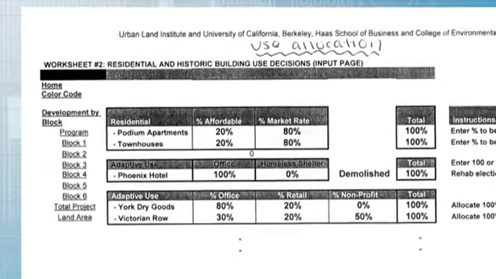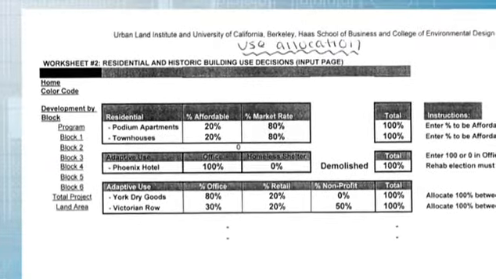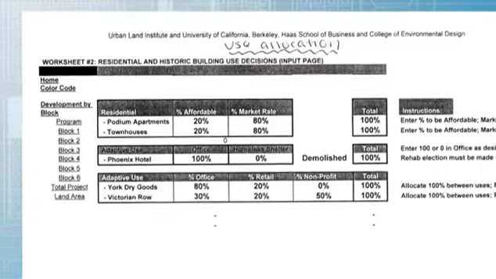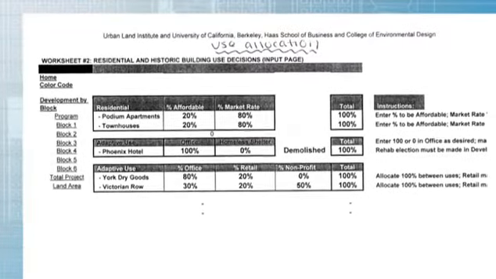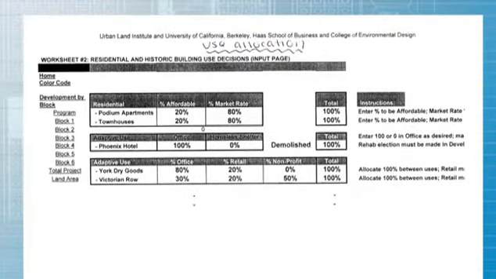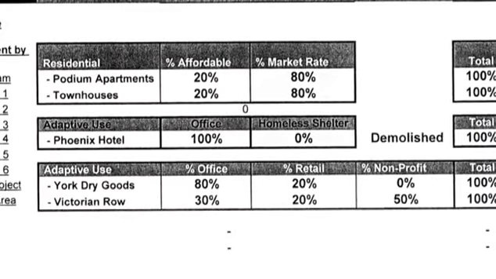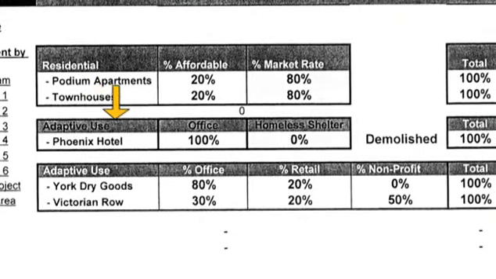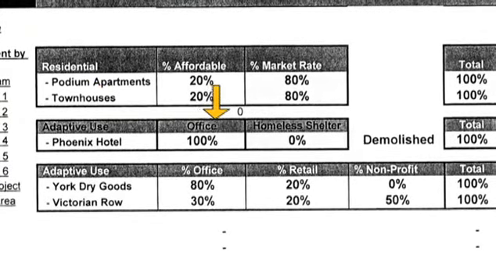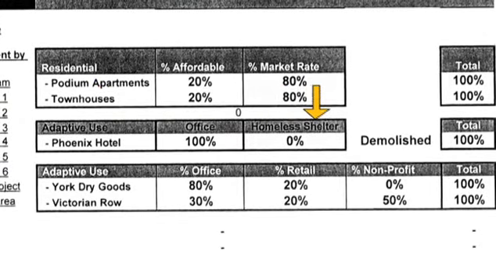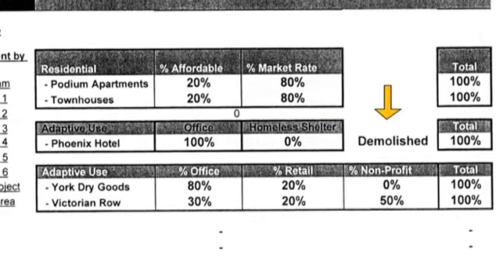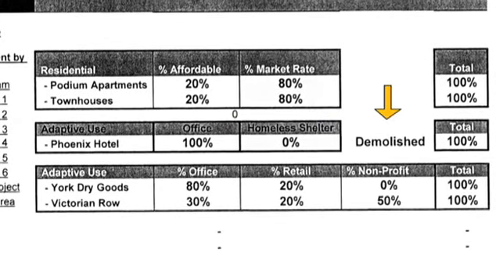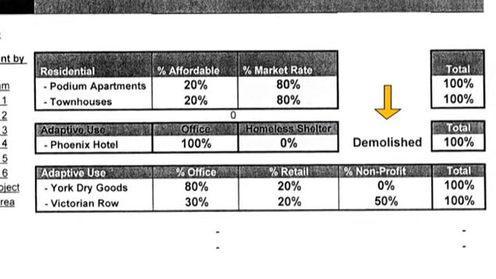The residential and historic use sheet gives you a different view of the affordable housing and adaptive reuse decisions in this plan. If the developer tells you that they have rehabbed the Phoenix Hotel, make sure the word rehabbed appears on the sheet. If you see demolished, they forgot to tell the computer they were saving the building.